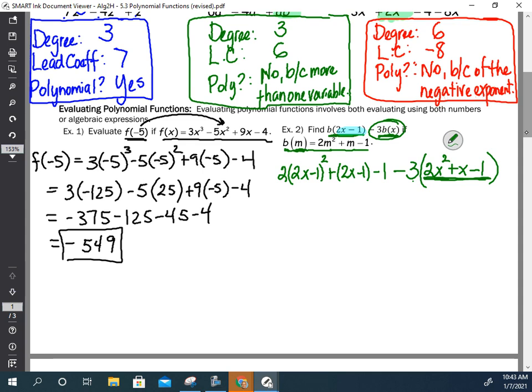So m is what you started with. So that means if I put something else there, I need to plug it in. No one ever said it couldn't be a different letter. You plug in whatever your heart desires. So 2x minus 1 there is the same thing as saying m is equal to 2x minus 1.